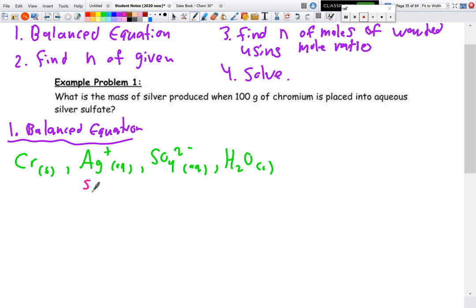Silver ion is the strongest oxidizing agent. So we know we're going to have to use this one, and we can actually write out the half reaction as well if we want to. So that is the half reaction of the silver ion.